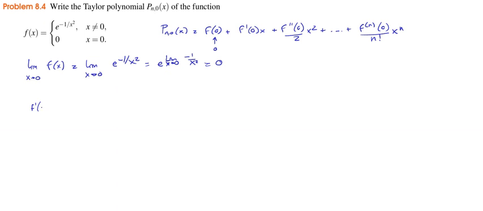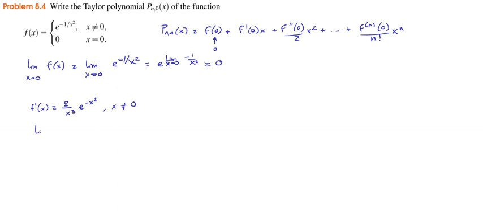The first derivative is going to be the derivative of minus 1 over x squared, which is minus, so plus 2 over x cubed, times e to the minus 1 over x squared. Sorry, this is not f prime at 0, this is f prime if x is different than 0.